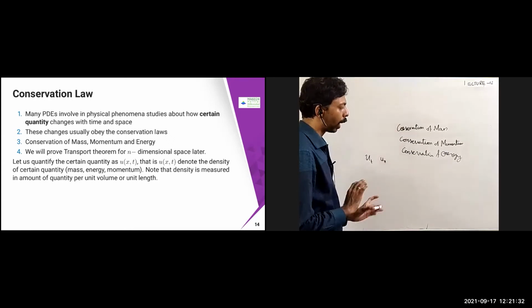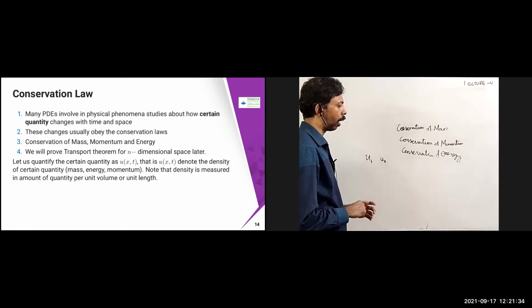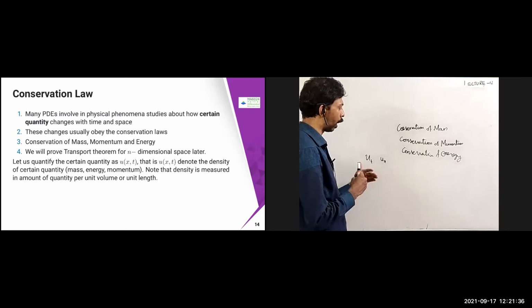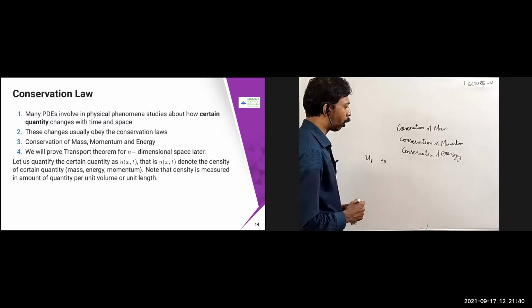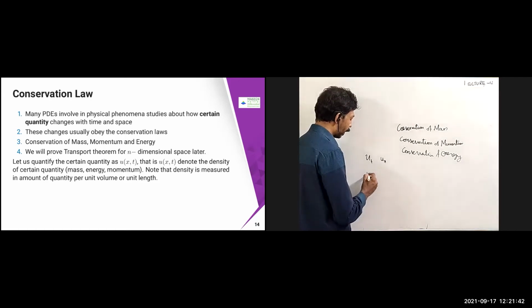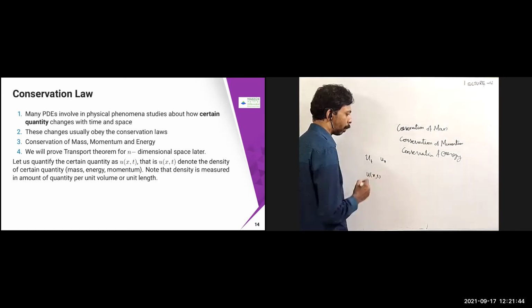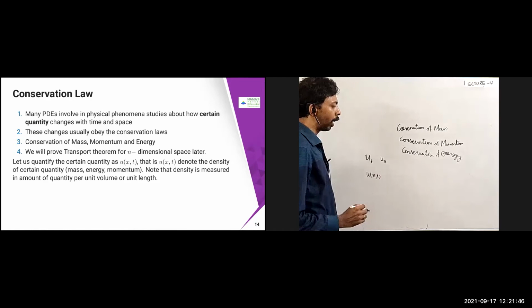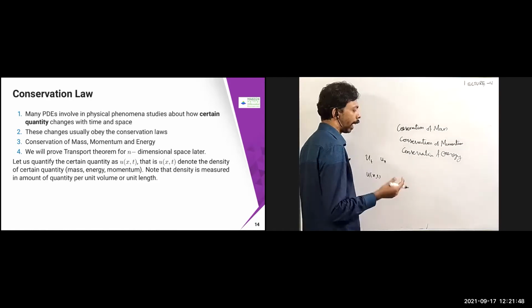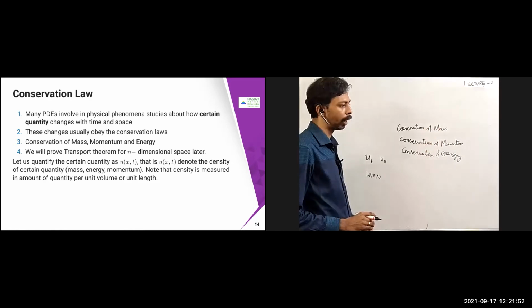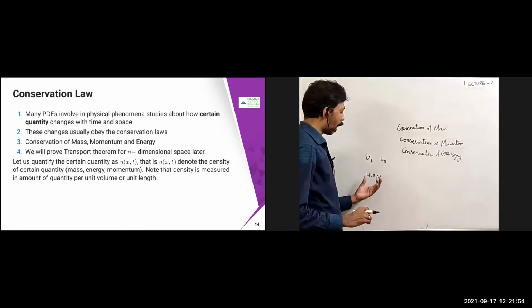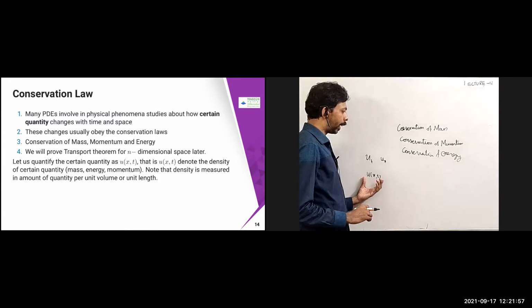Now we are going to derive the heat equation a little bit, for which we are going to derive the fundamental constraints. Let us quantify u of x comma t, a certain quantity. I don't know what the quantity is, maybe mass, maybe energy or some other quantity. So u of x comma t is going to denote the density of a certain quantity.